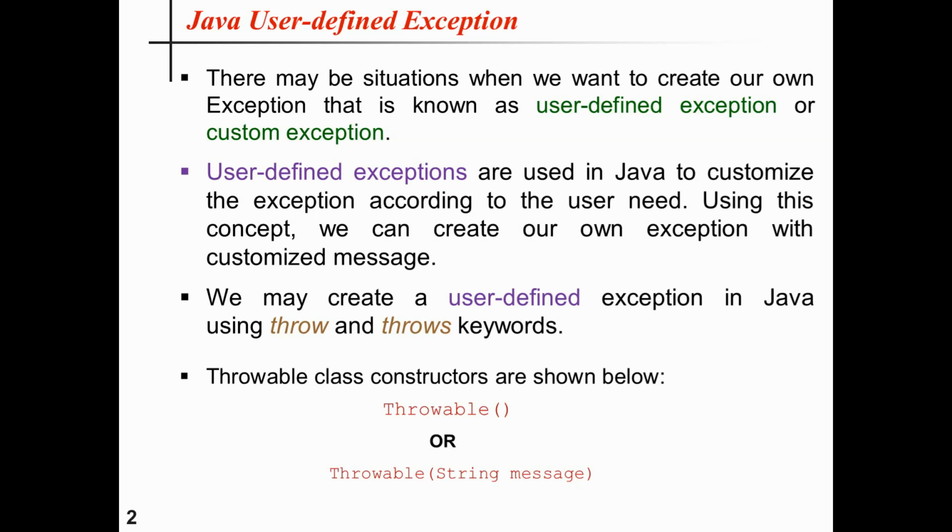Now we may think of using one of the two overloaded constructors of the Throwable class as listed below: Throwable with no argument constructor, and Throwable with a string message, that is a parameterized constructor. If we think, we may use our own customized constructor structure, and that is allowed by the Java language specification.